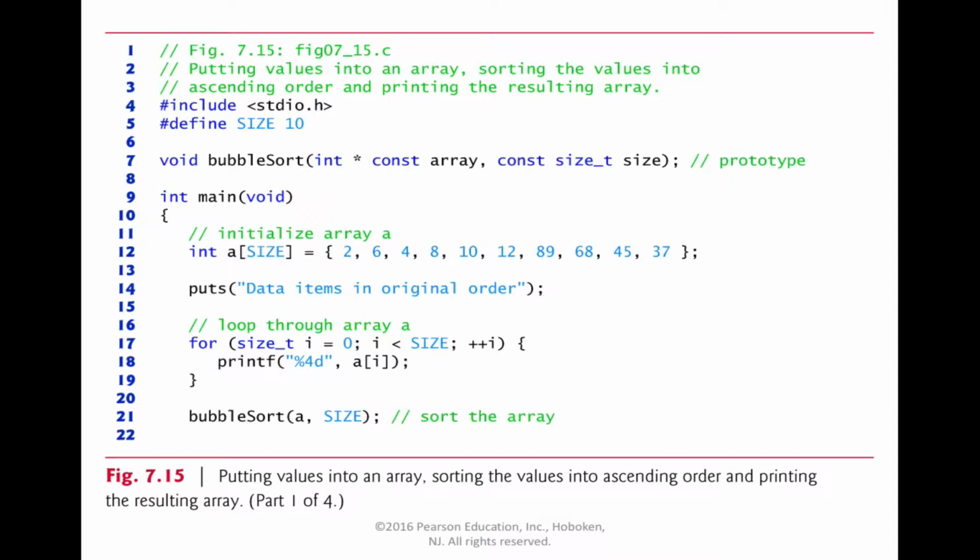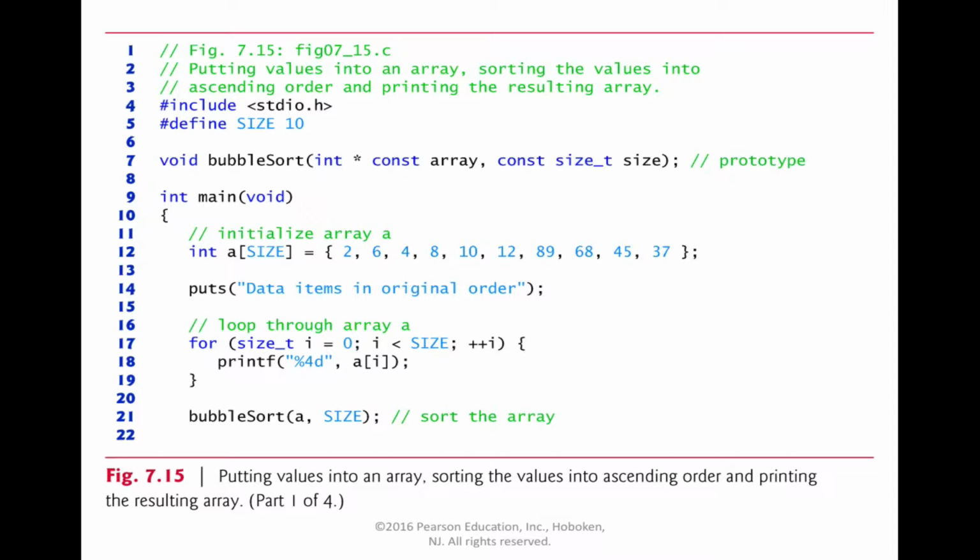We're taking a constant pointer to an integer, that's going to be our array, and a constant value of size_t, so that we're not changing those values. We create our array of SIZE. SIZE is a preprocessor definition. It's going to be 10 items. We have the array 2, 6, 4, 8, 10, 12, 89, 68, 45, 37. Those are our array items.